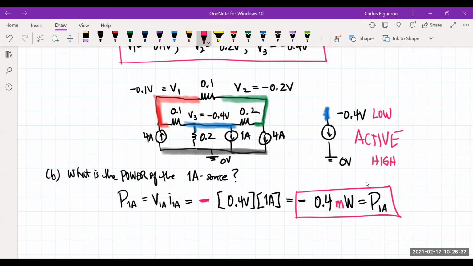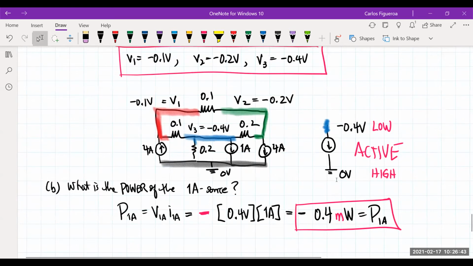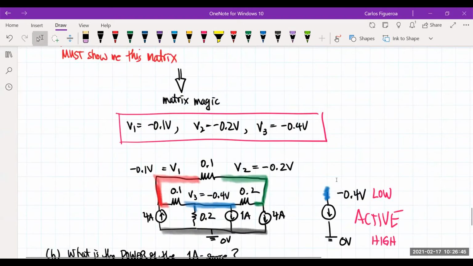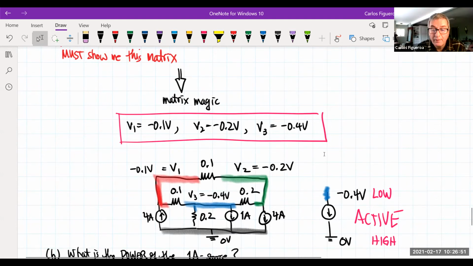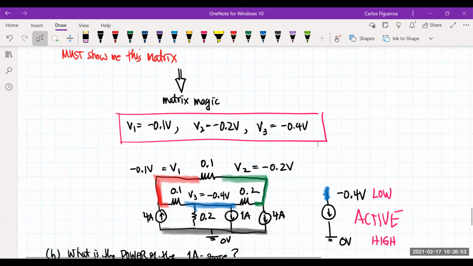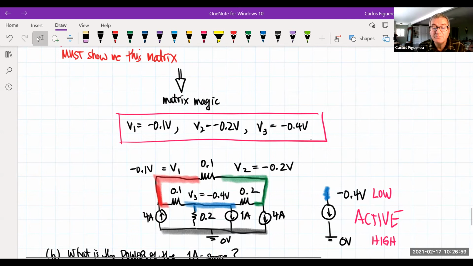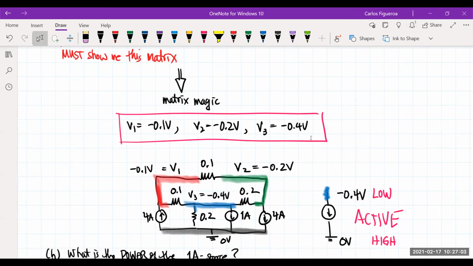Carlos? Yeah. Quick question. So I thought when we did away with the kilo ohm and milliamps, that was built into the voltages that we got. Yeah, when we go to calculate the voltages. But when we calculate power for sources, it has to be the voltage times the current, and so for the current we still have to put the milliamp.